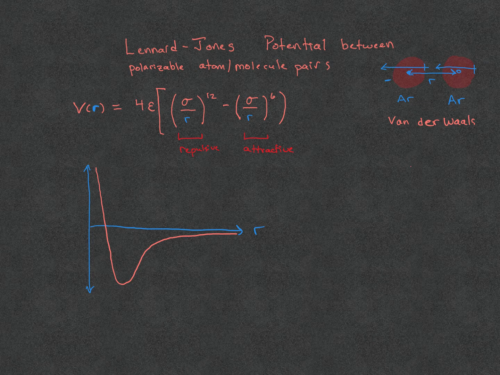Yeah, it approaches positive infinity for small separations. So as R goes to zero, V goes to positive infinity. As R goes to positive infinity, V goes to zero from below.